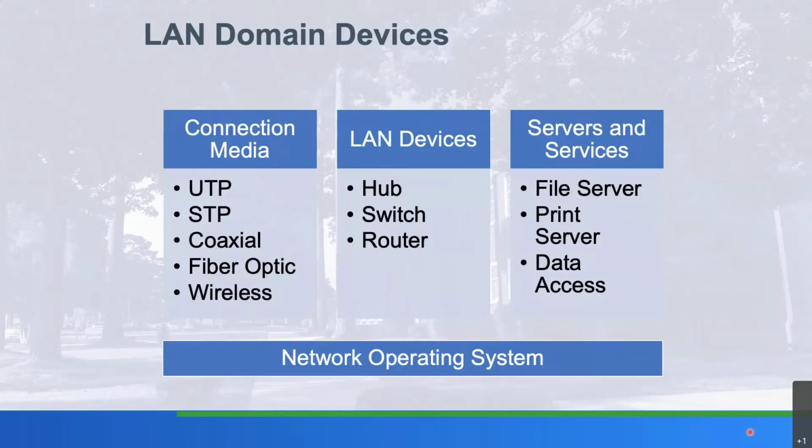Somebody might find an open jack, plug a computer in. It makes it more likely anytime we use a network or a LAN that our information is going to be seen by unauthorized users. So we need to know the controls. We need to put the controls in place in this domain.